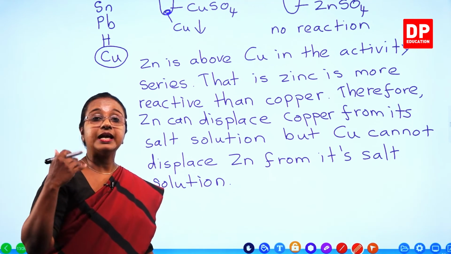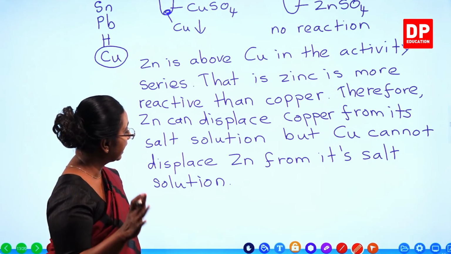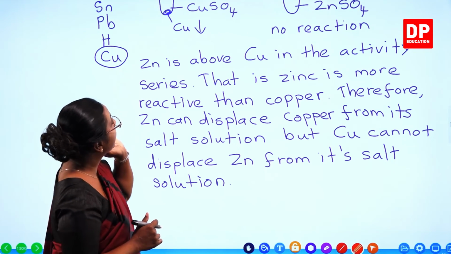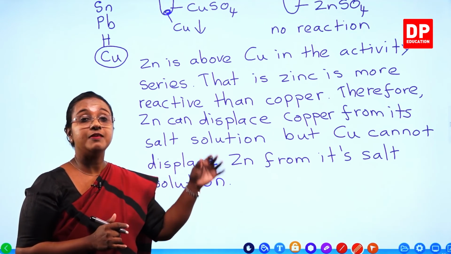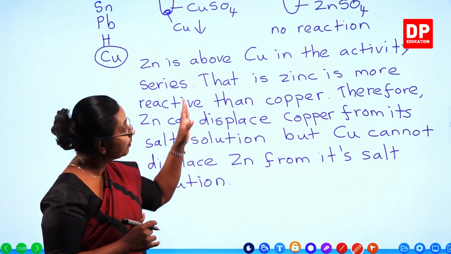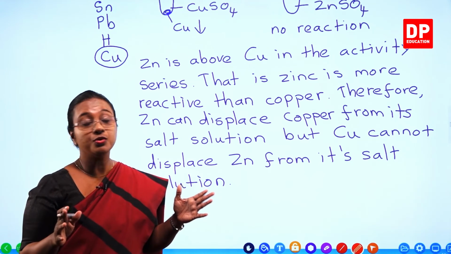So, zinc can displace copper from its salt solution, but copper cannot displace zinc from its salt solution. That is why copper is precipitated when you put a piece of zinc into copper sulfate. But if you put a piece of copper into zinc sulfate, there is no reaction.